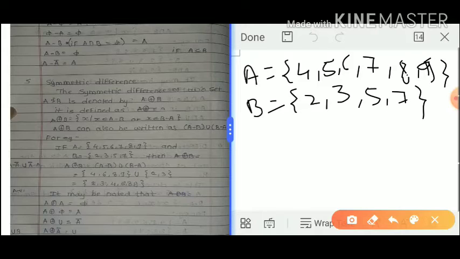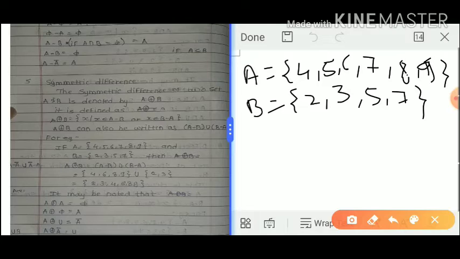Now we are going to find A symmetric difference B. Before finding A symmetric difference B, we need to find first A minus B, and then B minus A, and then the union of both sets.